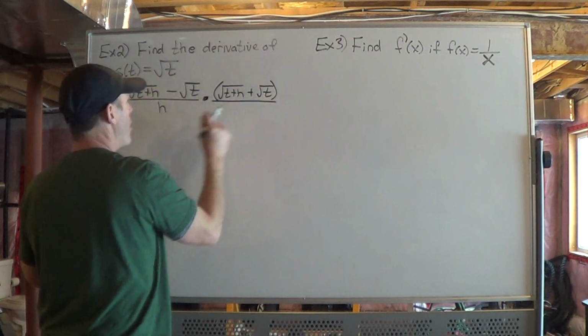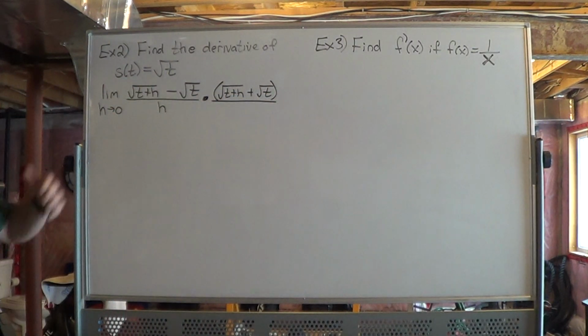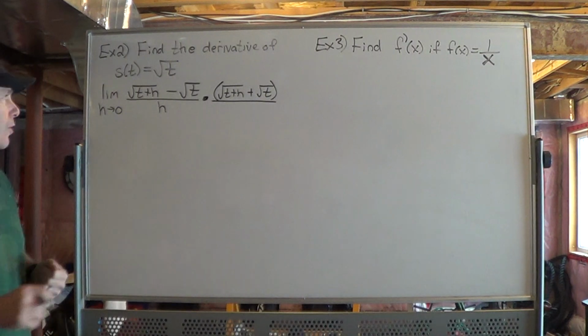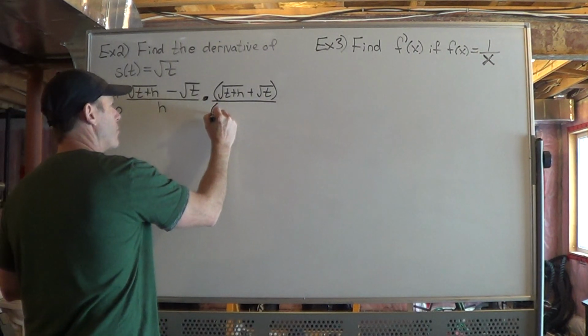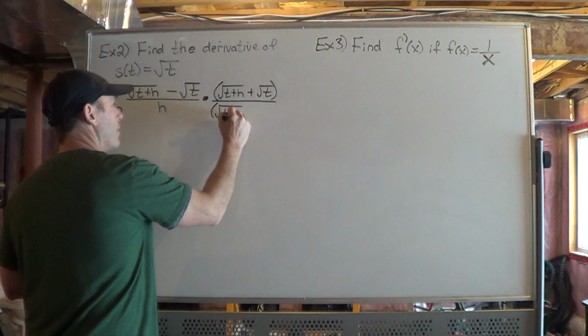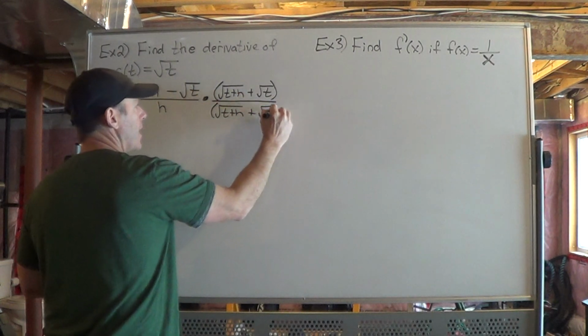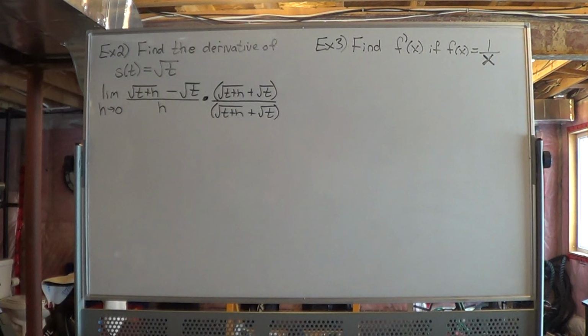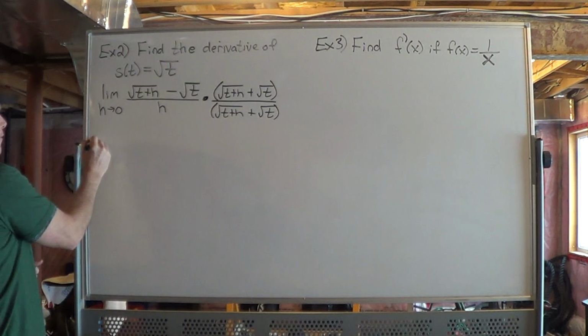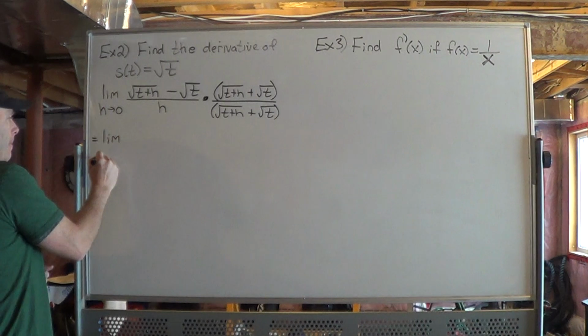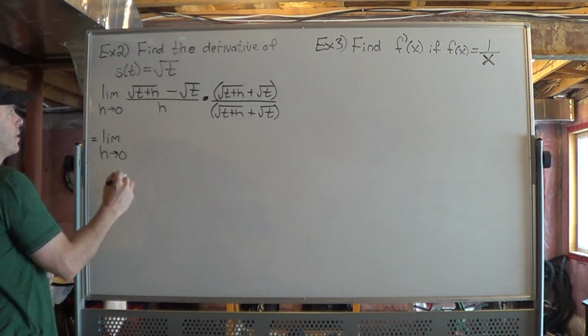And again, I'm not changing the value of this function, I'm only changing the way it looks, so I'm going to have one in the denominator here, because these two would just divide each other out and it would be a 1. All right, so again, now we find the limit as h approaches 0.